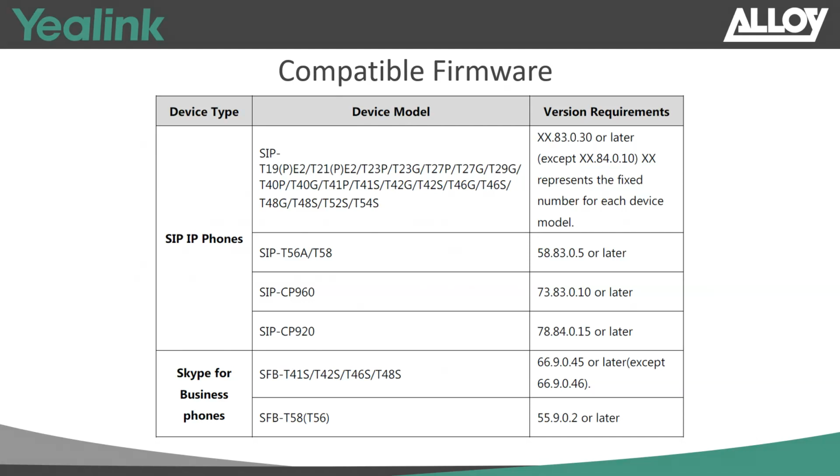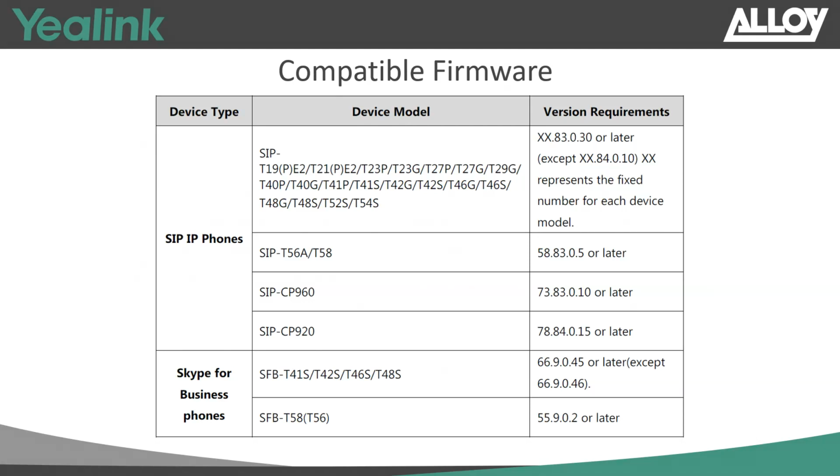The majority of the T19, T2, T4, and the low-end T5 series phones need to be on 83.0.30 or higher. Now there was an early version of the 84 firmware that wasn't supported. I think that may have been a mistake from Yealink, and they forgot to add support, but that's now been fixed with Yealink's latest version of the 84 firmware.